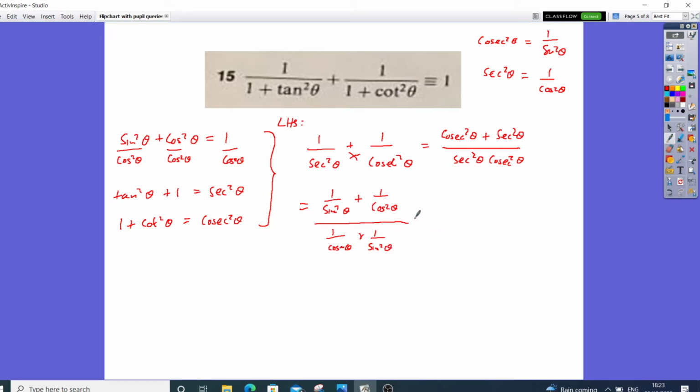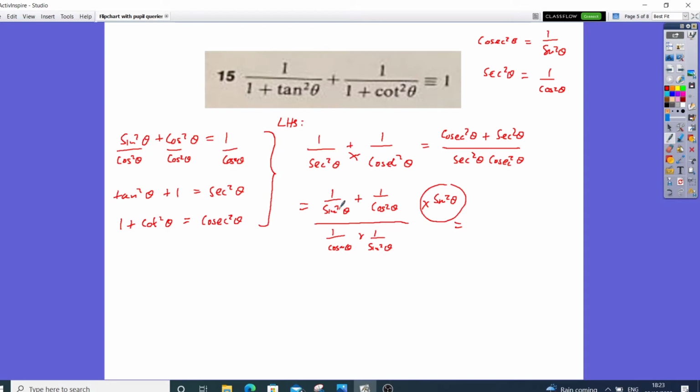Okay, so now I'm going to start timesing everything by these common denominators. Let's times everything by sine squared theta first of all.